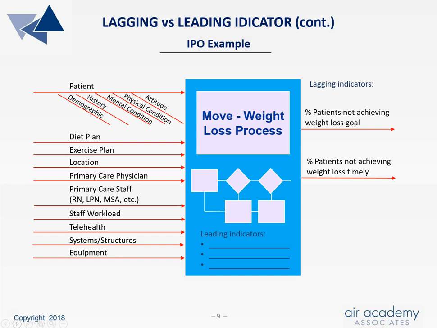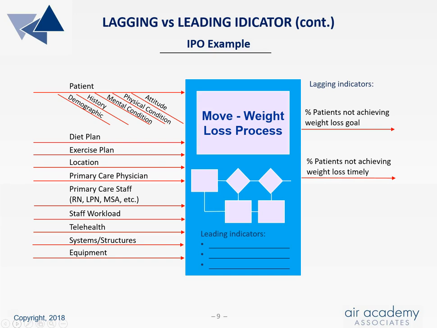I am doing this for the purpose of showing how leading indicators that come from within the process link to the outcome measurements or lagging indicators. This expanded IPO is displayed only for the purposes of this discussion and in no way implies that this is another form of an IPO. It is not. Obviously, the process flow is a tool that is separate from the IPO, but is synergistic when used to complement the IPO.